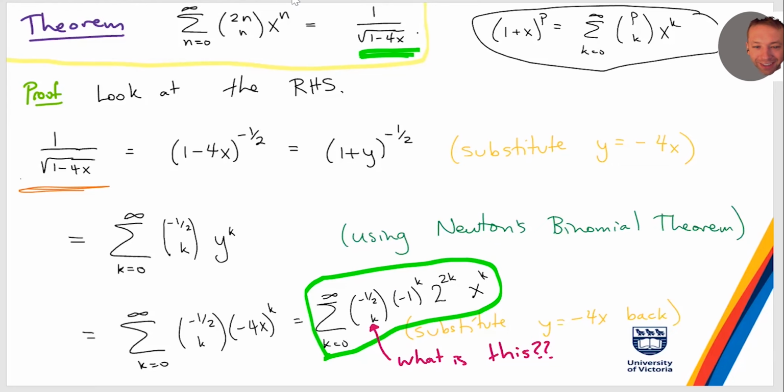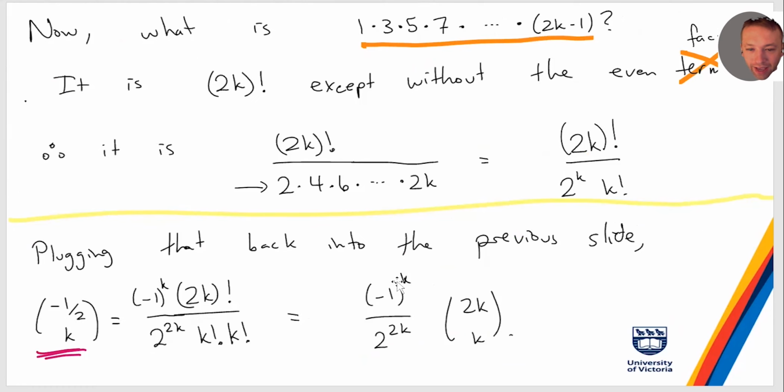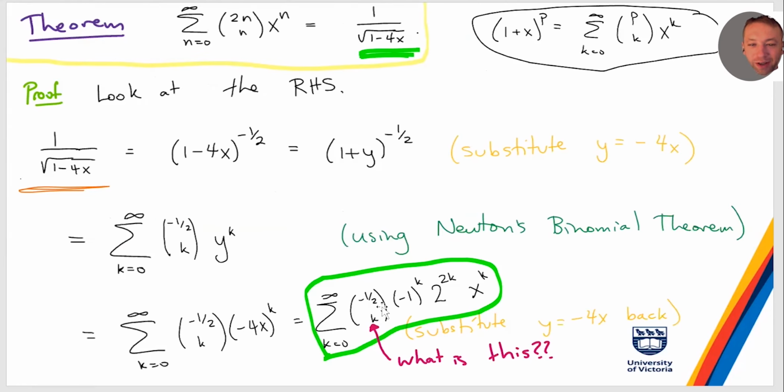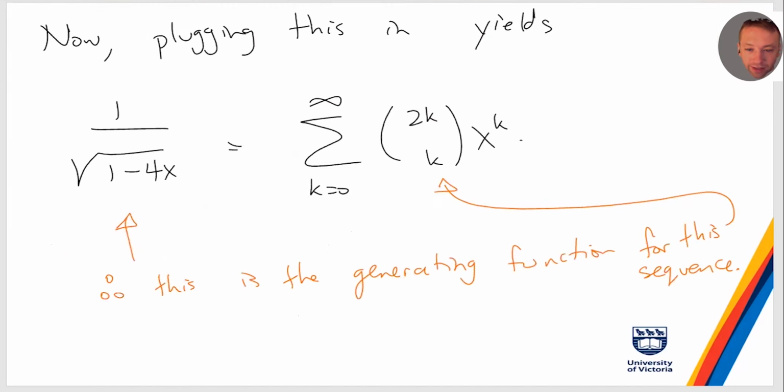The negatives go away because I've got negative 1 to the k here and a negative 1 to the k there, so that becomes negative 1 to the 2k, which is 1. The 2 to the 2k's cancel, and what you're left with is just 2k choose k. So if you do the algebra and plug things in, you'll see that's the only thing that remains. So that's the answer, and that's the end of the proof.